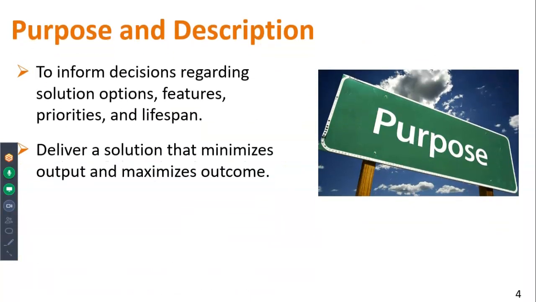Okay. So at the initiative horizon, what we're looking for is to make decisions regarding specific solution options, their features, their priorities, and their lifespan. This is starting to get into the area where more traditional BAs are more comfortable.